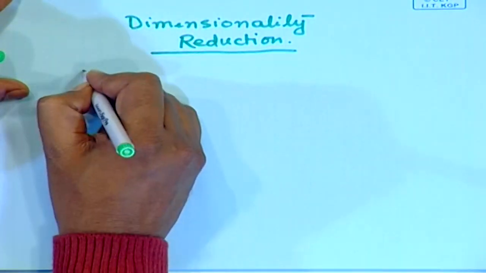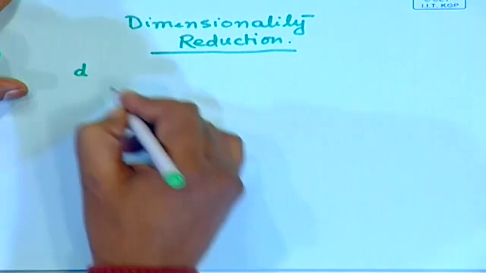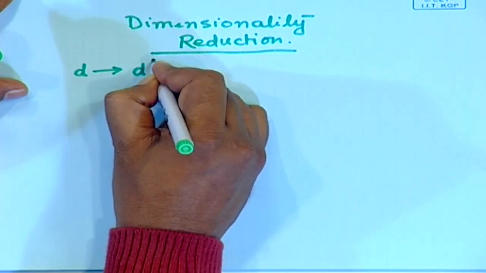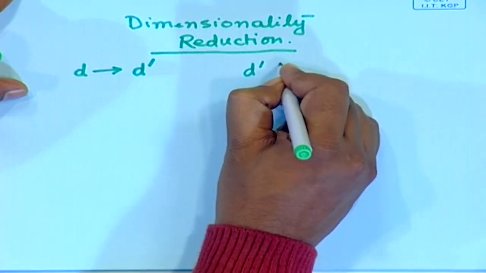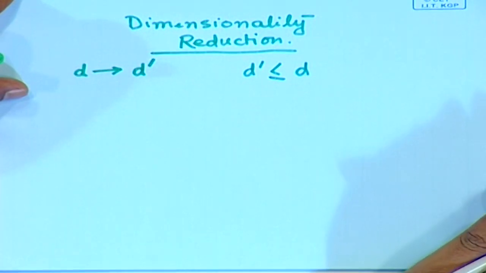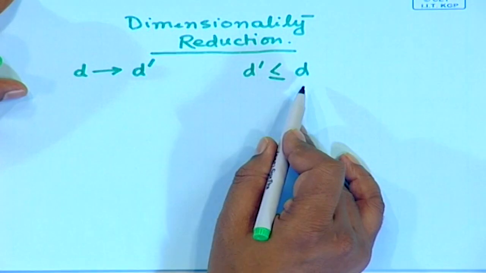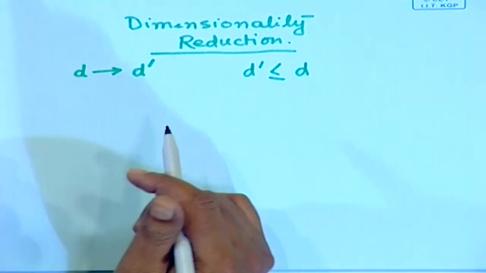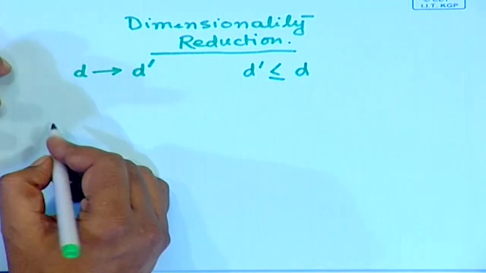That means, initially I have a feature vector of dimension d. I want to reduce these feature vectors to dimension d prime, where d prime is less than or equal to d. Obviously, I do not want d prime to be larger than d. At most, it can be equal to d, but I target for d prime less than d, so that the dimension is reduced. Now, when I try to do that, there are two approaches.